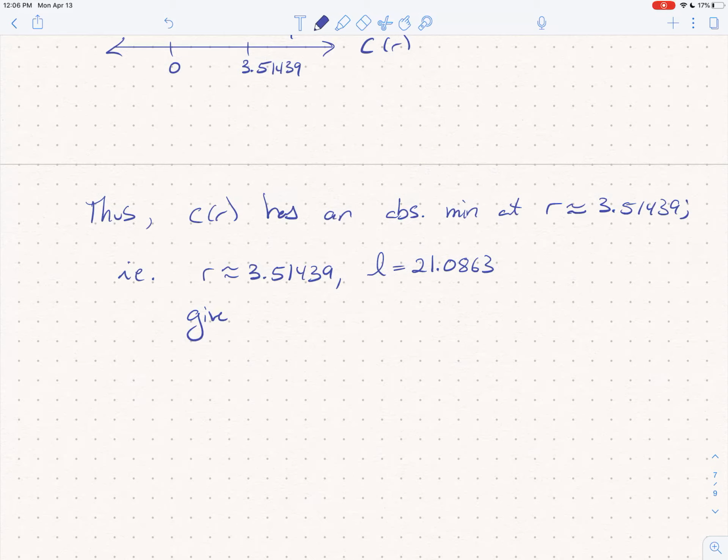These will give a volume of 1,000 cubic feet with the minimal cost desired. So that's a nice applied problem, and that's how you can use calculus to solve it.